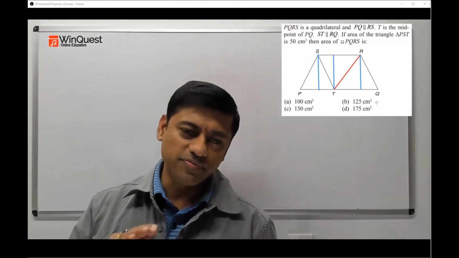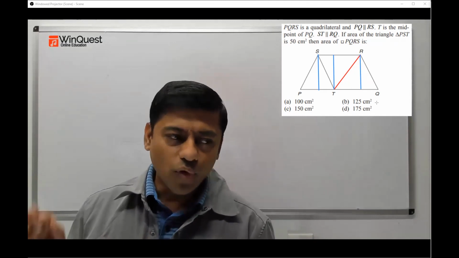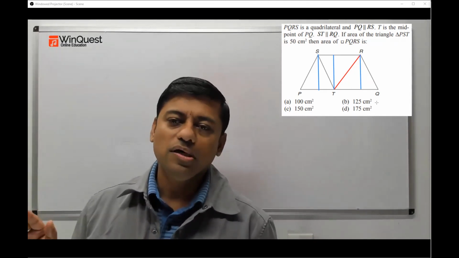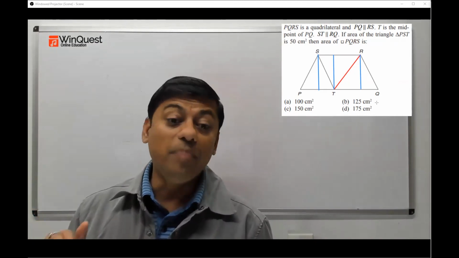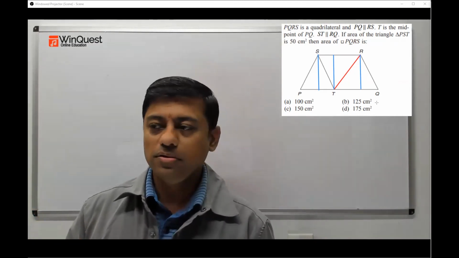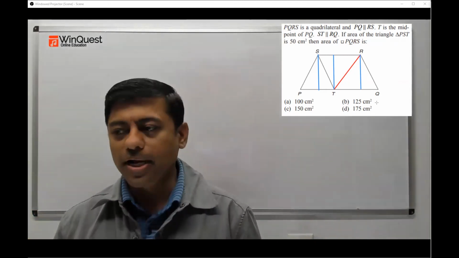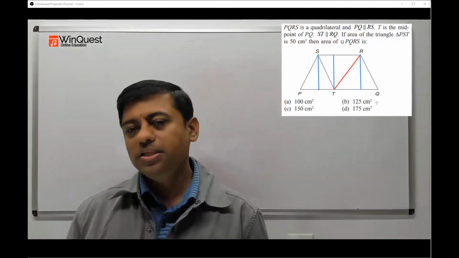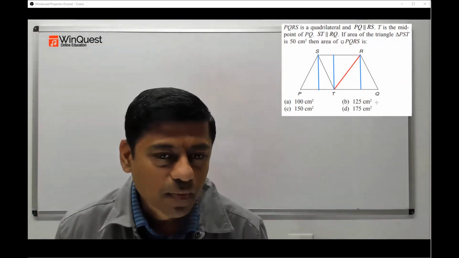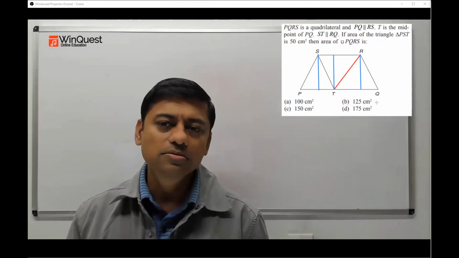That is very, very clear. When you have heights equal and base also equal, then the areas are going to be the same, which is half into base into height. Am I making sense?